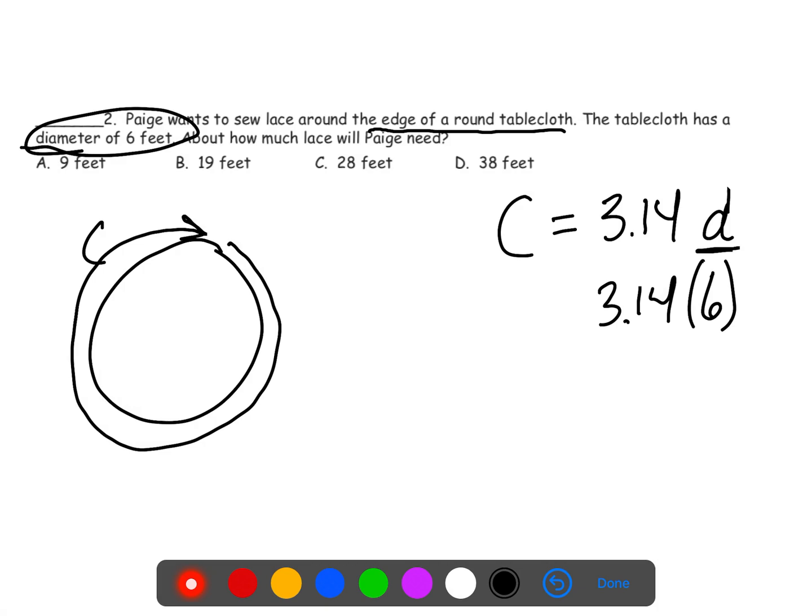That's going to equal what my circumference is, and that is 18.84. That would be still the same measurement unit, which is feet. And if I look at my answer choices, it looks like they've been rounded to the nearest foot. So the closest answer, of course, would be B, 19 feet.